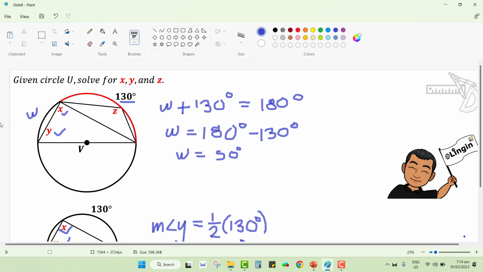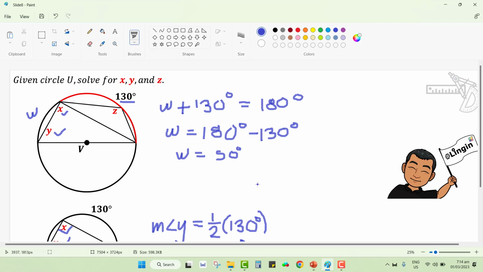Now, we can use the value of W as one of the arcs that is intercepted by inscribed angle z. Notice that angle z is this angle here, and the intercepted arc is this semicircle from earlier, plus the newly solved arc W, which is 50 degrees.